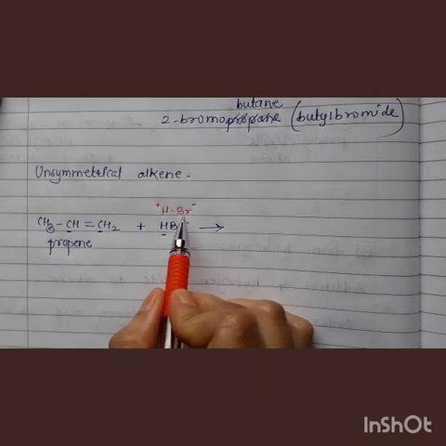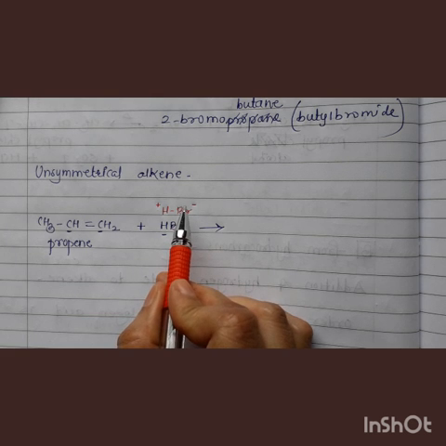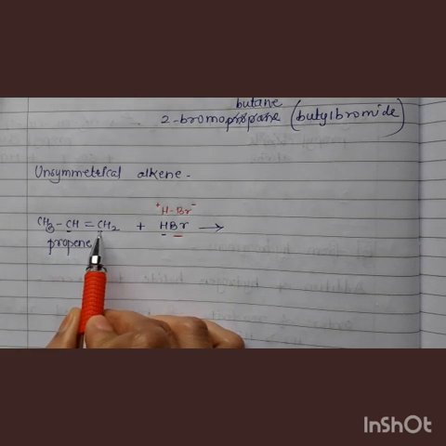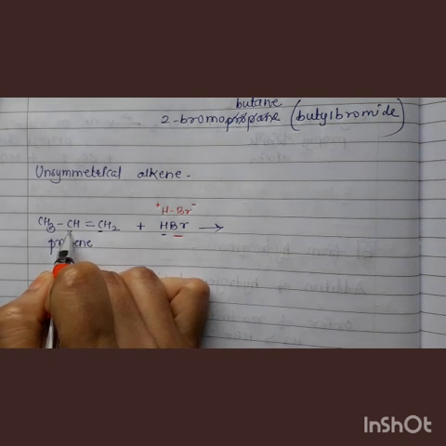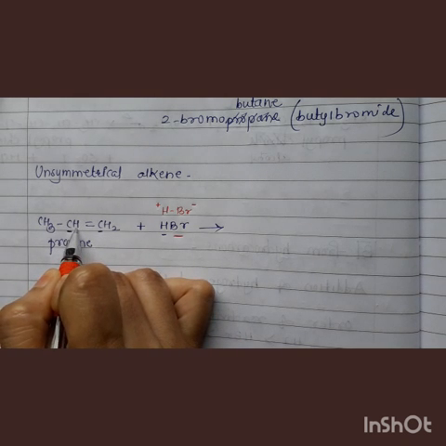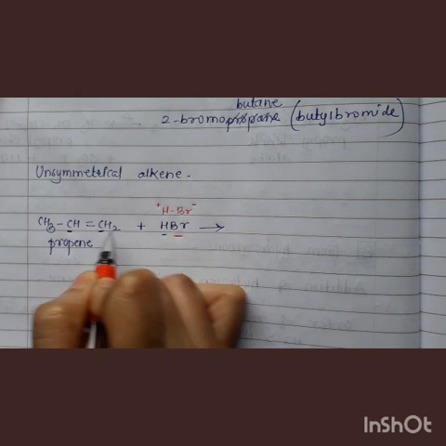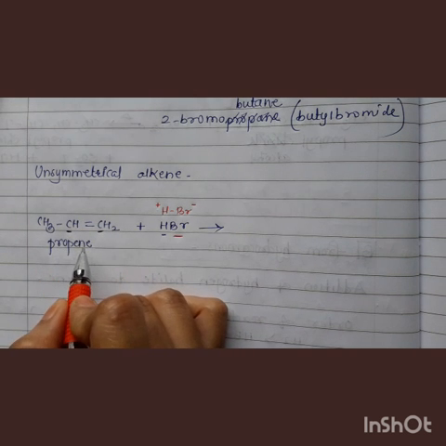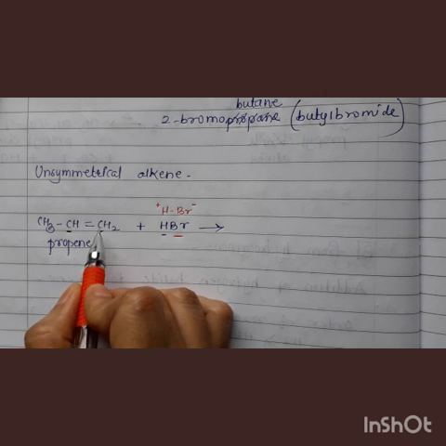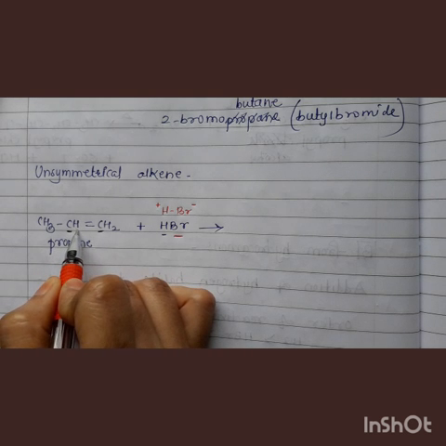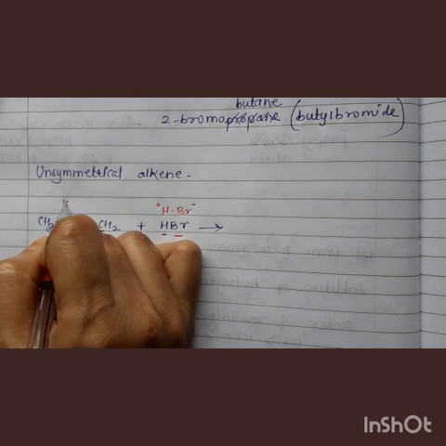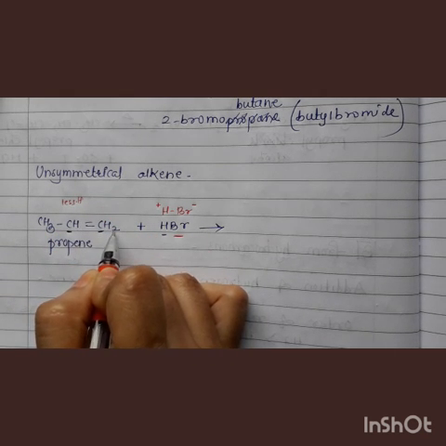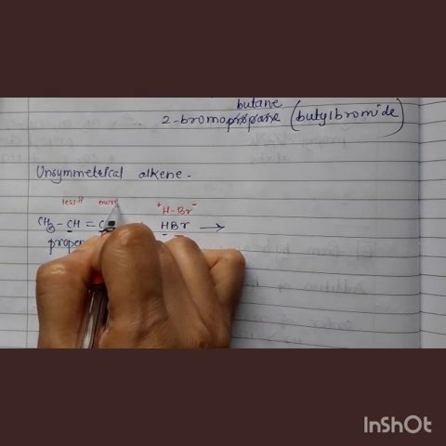Now the negative part will get added to the less hydrogenated carbon. Now these 2 carbons we are going to discuss. To this carbon atom 1 hydrogen is attached, and to this carbon atom 2 hydrogens are attached. So which is more hydrogenated and which is less hydrogenated? Obviously the carbon having 1 hydrogen atom is less hydrogenated, and the carbon which is having 2 hydrogen atoms is more hydrogenated.